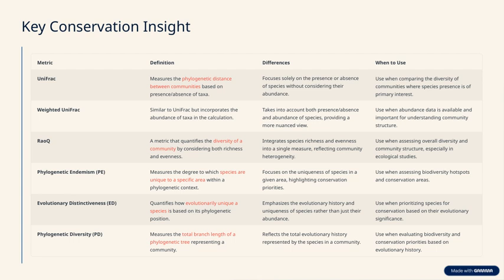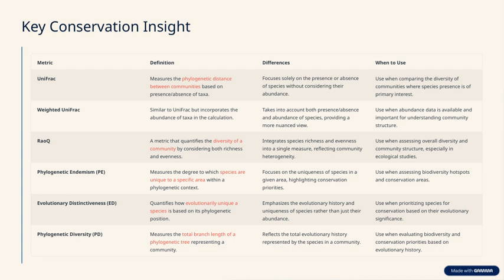Evolutionary distinctiveness, or ED, emphasizes the evolutionary history of a species. It quantifies how evolutionarily unique a species is based on its position in the phylogenetic tree. This is key when prioritizing species for conservation, especially those that represent a lot of evolutionary history. Finally, phylogenetic diversity, or PD, measures the total branch length of a phylogenetic tree for a community.